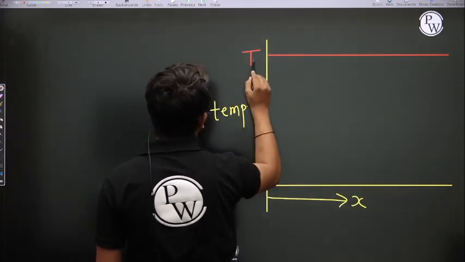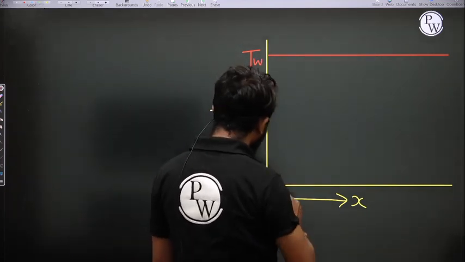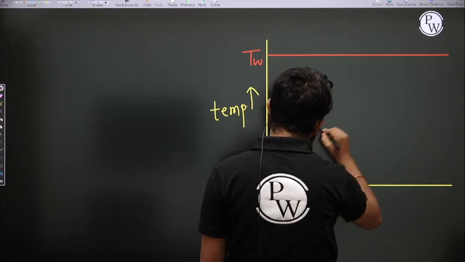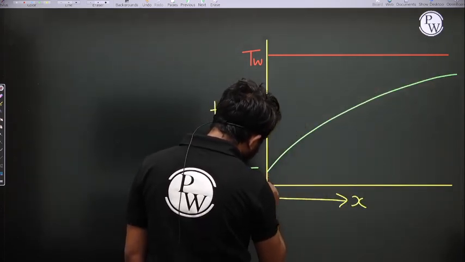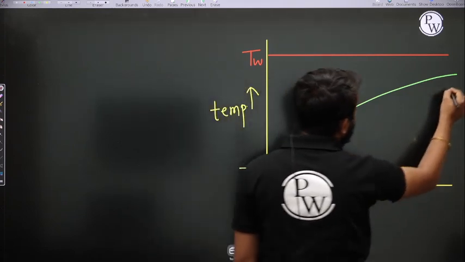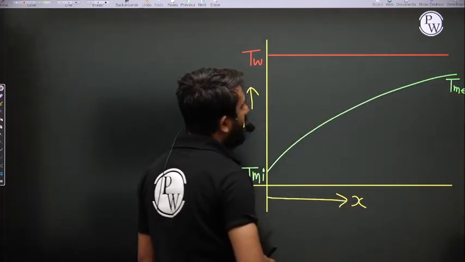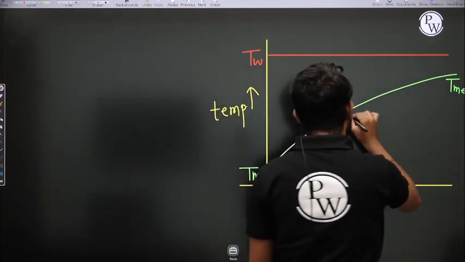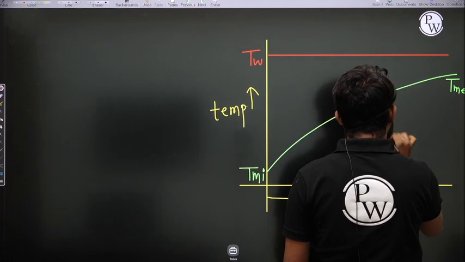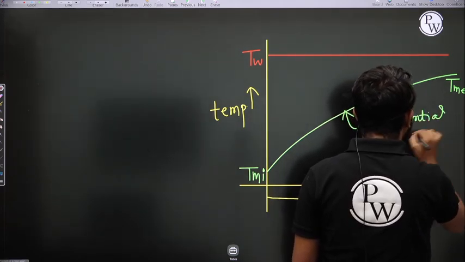And how does the mean temperature change? It changes like this. This is the Tm inlet and this is the Tm exit. At any x, the mean temperature is Tm, and this variation is an exponential variation.